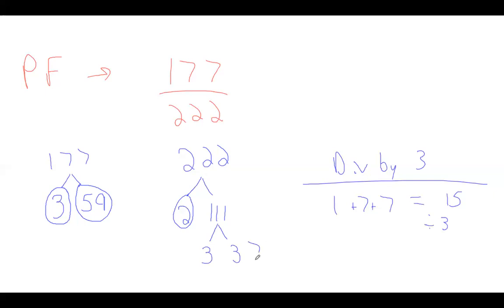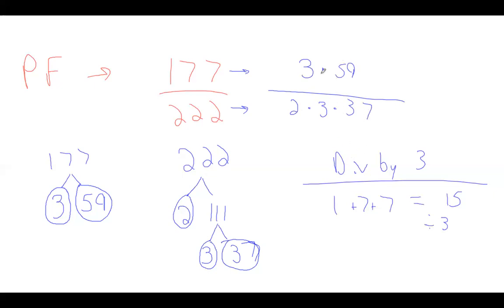And that gives 37. Okay? So we have broken both these numbers down into prime factors. 37 is a prime number. So then what we can do is list out the prime factors of each number: 3 times 59, and 2 times 3 times 37.